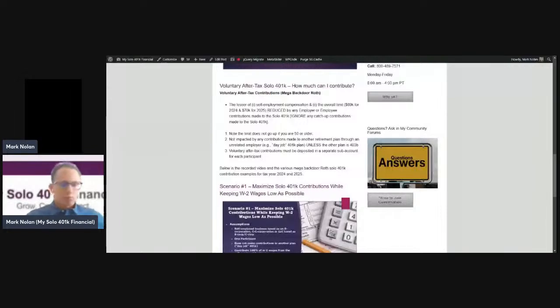Again, catch-up contributions do not apply to voluntary after-tax solo 401k contributions. Those have to be made to the Roth solo 401k or the pre-tax solo 401k. Why? Because the regulations do not allow for the catch-up contribution to be applied as a voluntary after-tax solo 401k contribution.